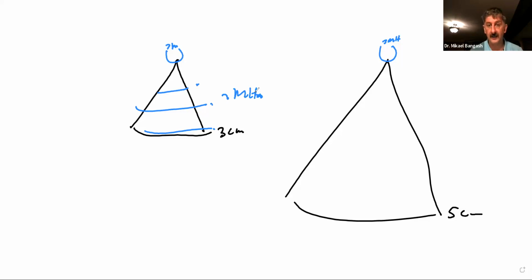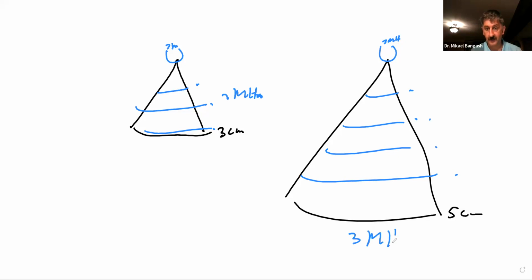Likewise, the same will apply here, whether it was 1 centimeter, 2 centimeters, 3 centimeters, 4 centimeters, or 5 centimeters. At all these depths, you're going to have the same frequency because it does not change. The frequency does not change. If it was 3 megahertz, it's going to remain 3 megahertz.